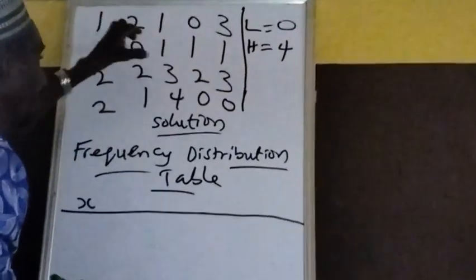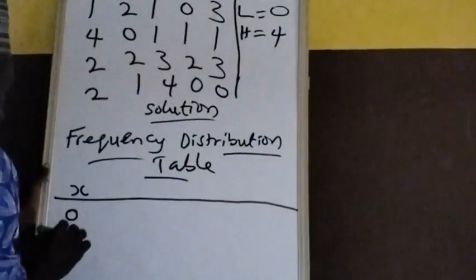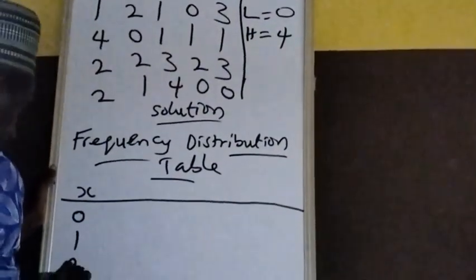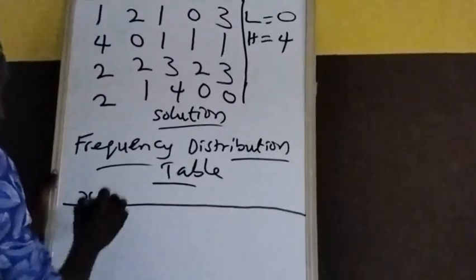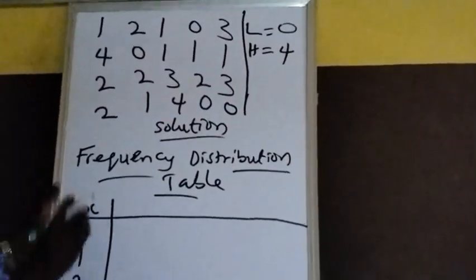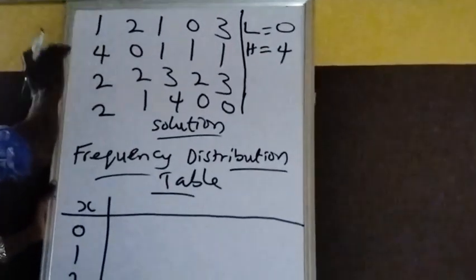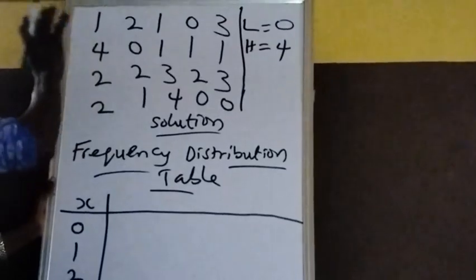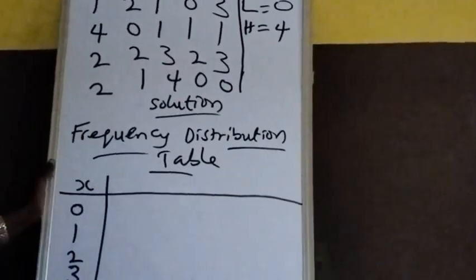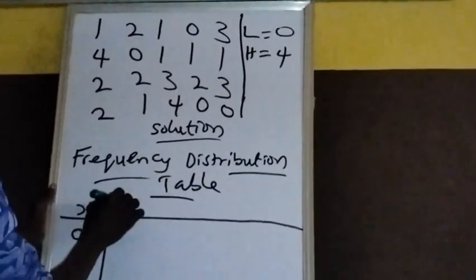We write them here: 0, 1, 2, 3, and 4. We are done with that. This is the data we recorded for the students who borrowed books in the library for that week. Now, the next one is tally.